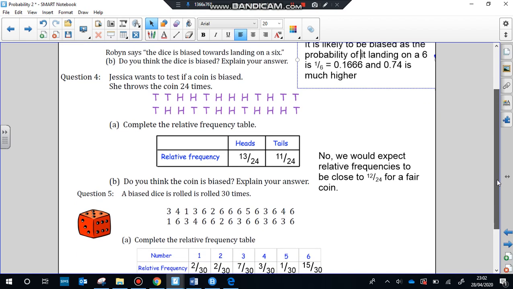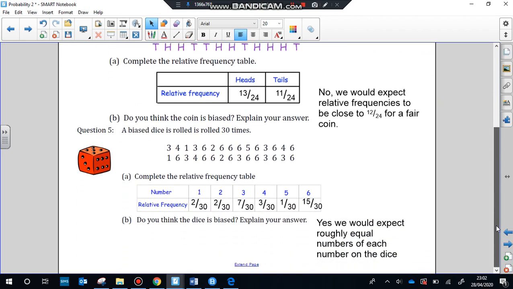And number 5, we've rolled a dice 30 times and asked for the relative frequencies, so we should have 2 out of 30, 2 out of 30, 7 out of 30, 3 out of 30, 1 out of 30, and 15 out of 30. So do we think that dice is biased?